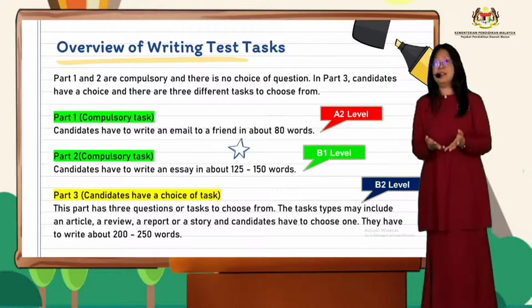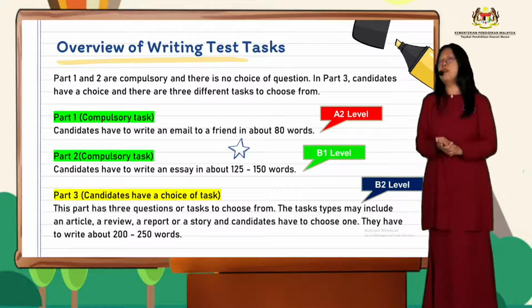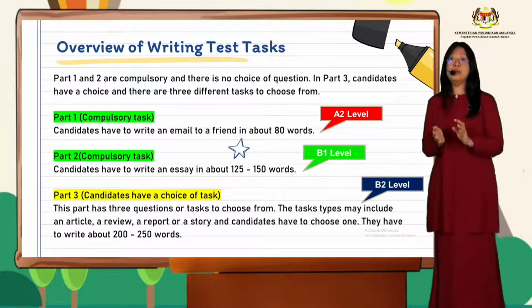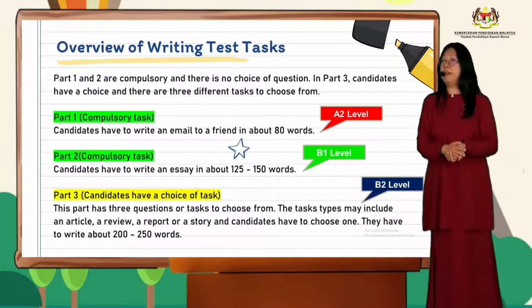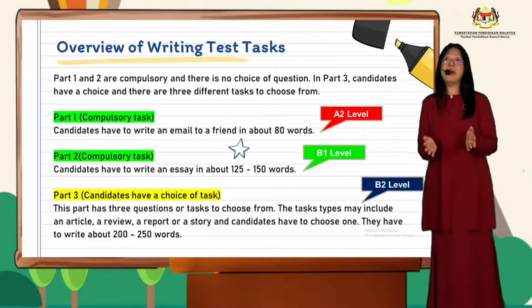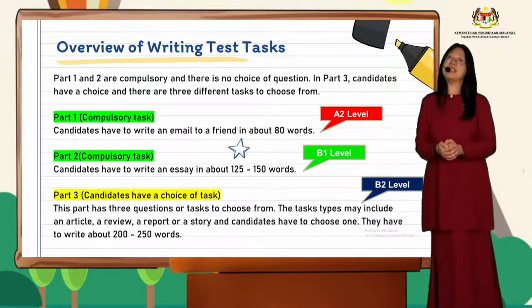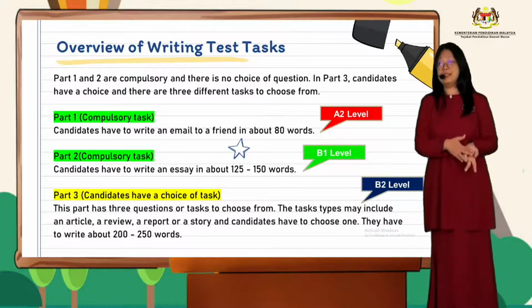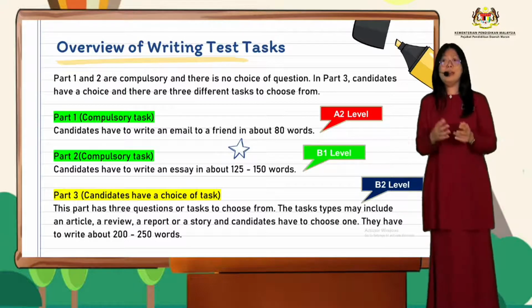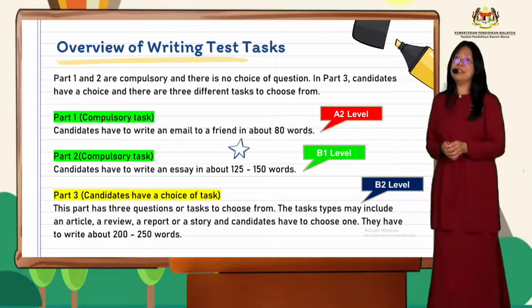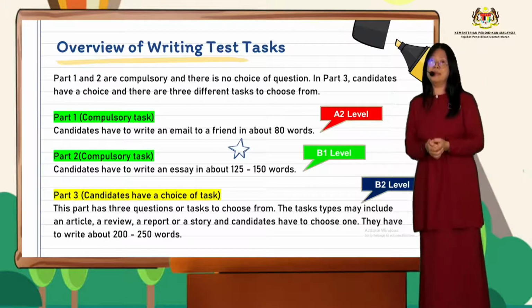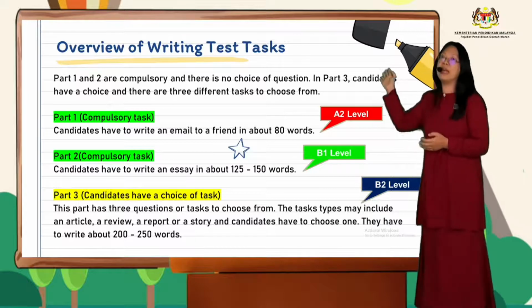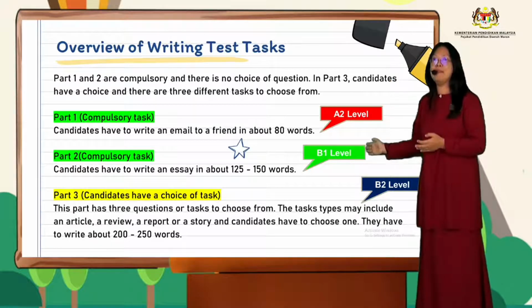So again, as a Form 5 student, you can also score in this part, because you sat for the PT3 examination 2 years ago, and you already have experience in answering this kind of question. So you can score in part 1 and part 2.